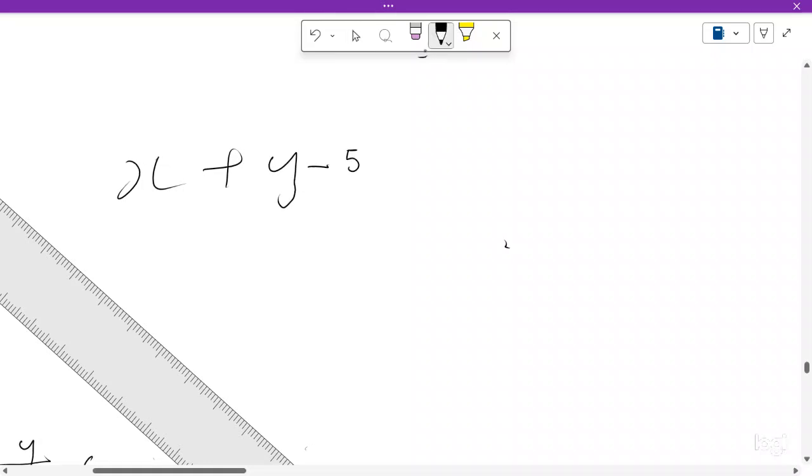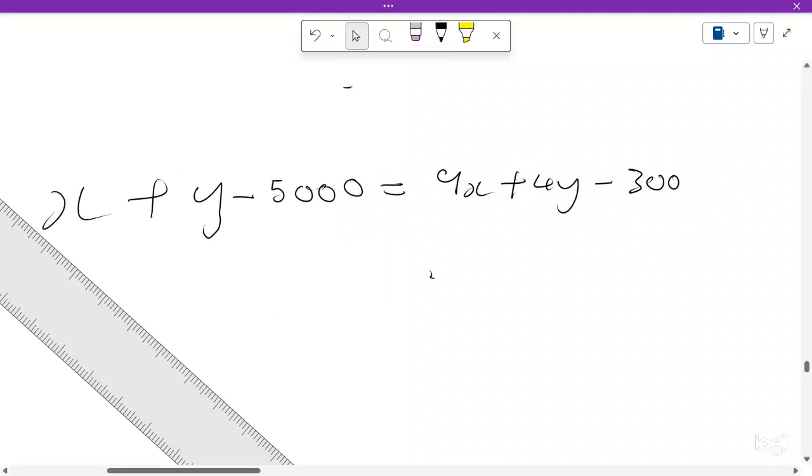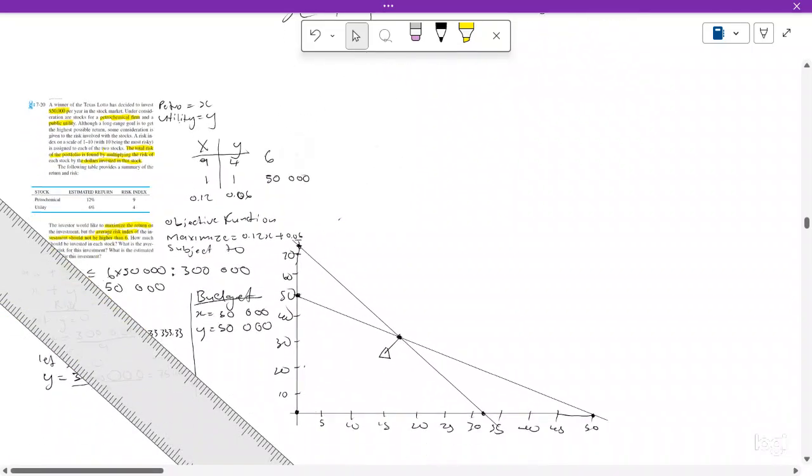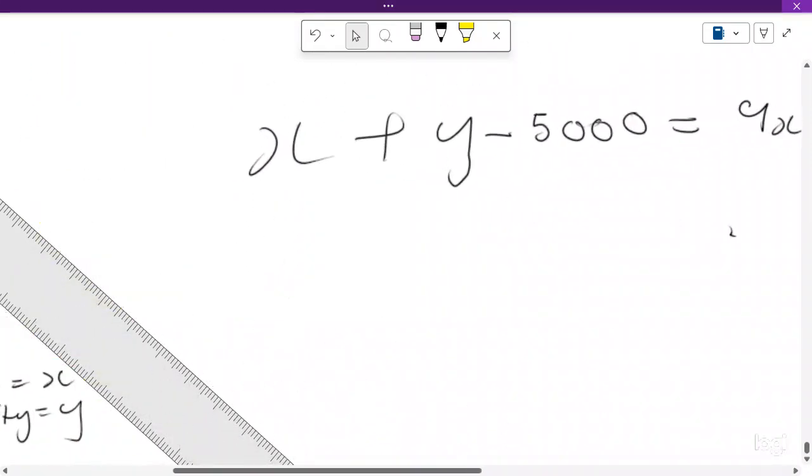So y is equal to a positive 18,750 over 1 minus 3 divided by 8.